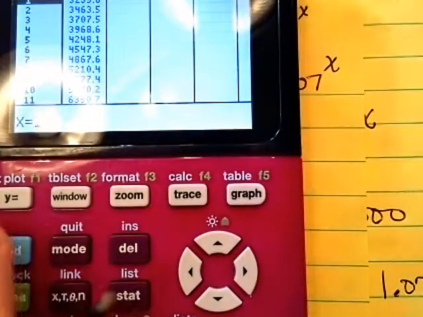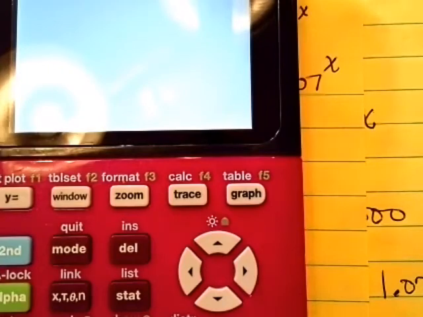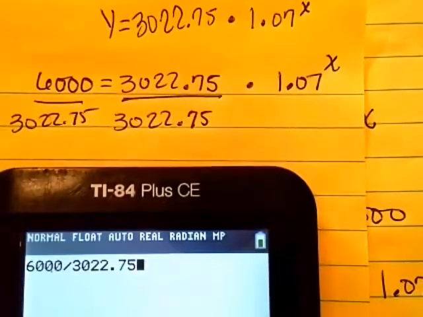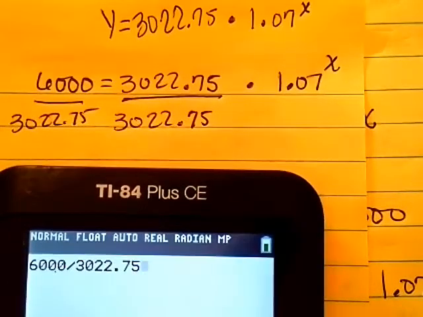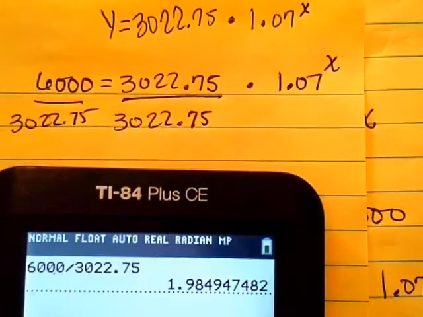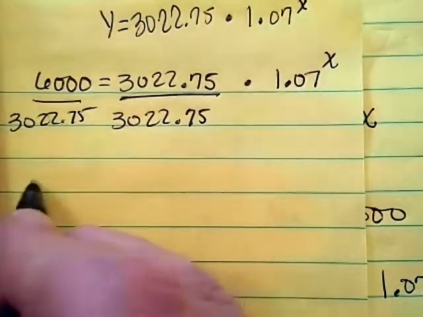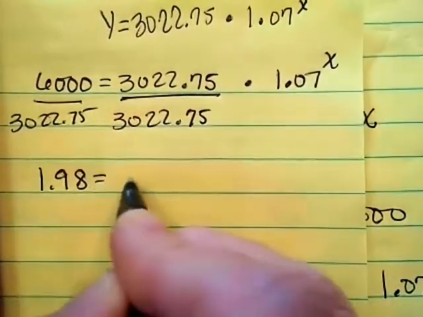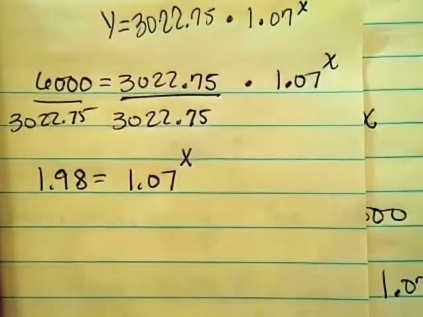And when you do that, I'm going to go back to the regular screen, 6,000 divided by 3022.75, make sure that's the right stuff. It's going to give me 1.98. So this is 1.98 equals 1.07 to some power.